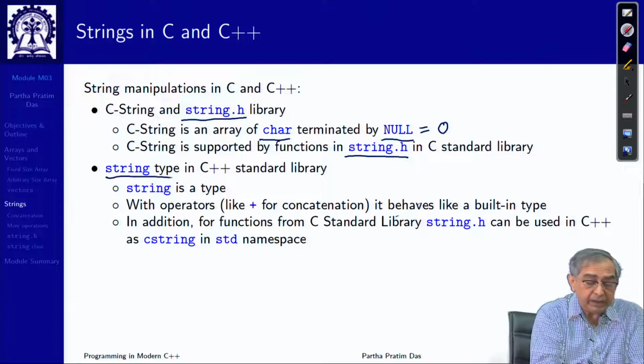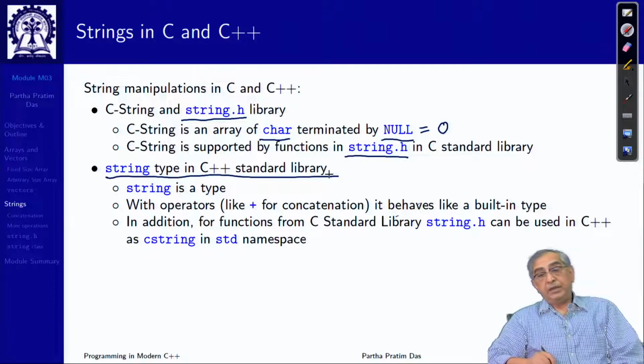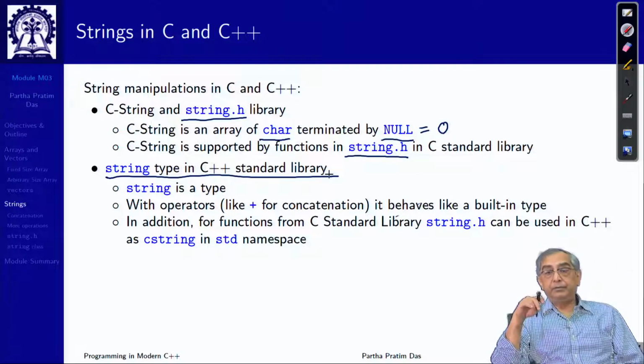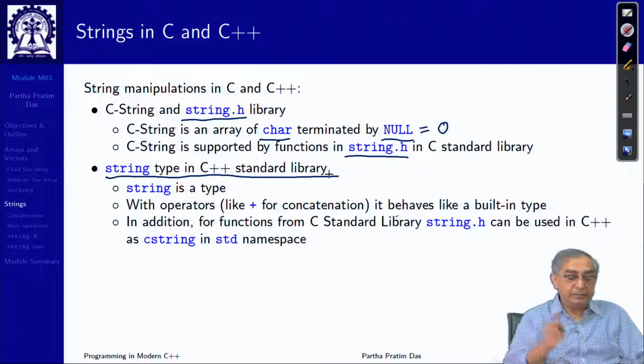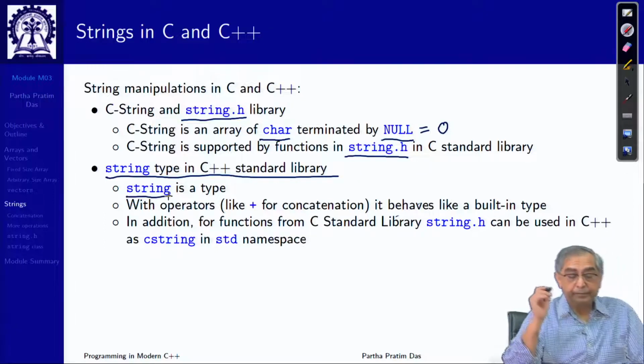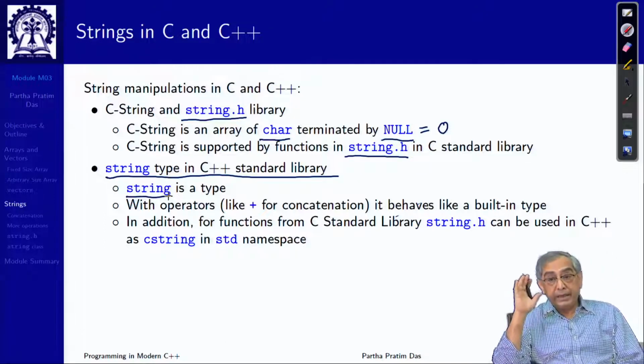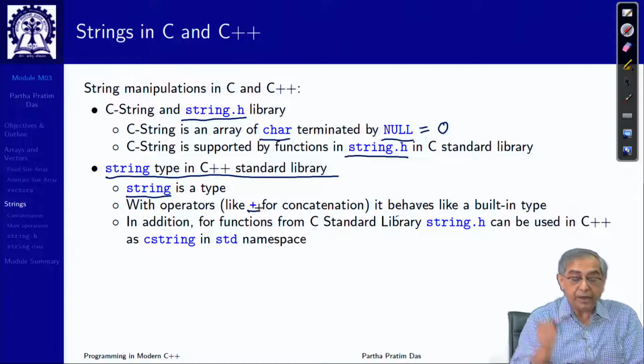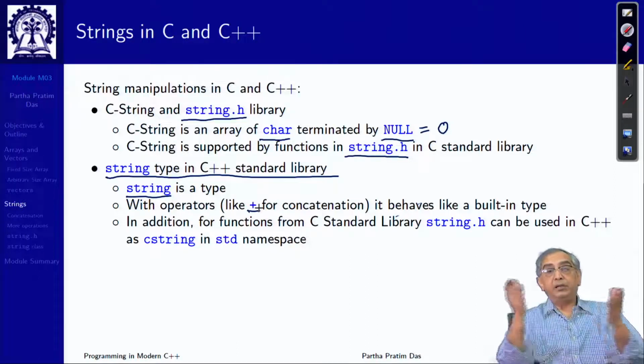Now, a similar thing is provided in C++ in terms of a type which is still not in the language, but in the C++ standard library. The standard library component string defines a string type. It is a type with very convenient operators, like you can have the plus operator to concatenate two strings.